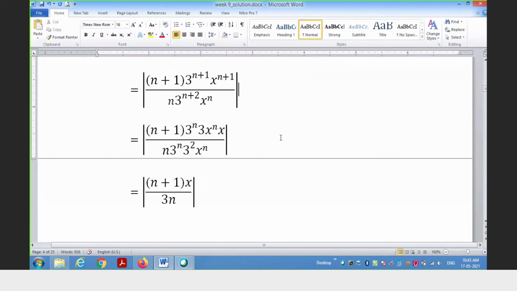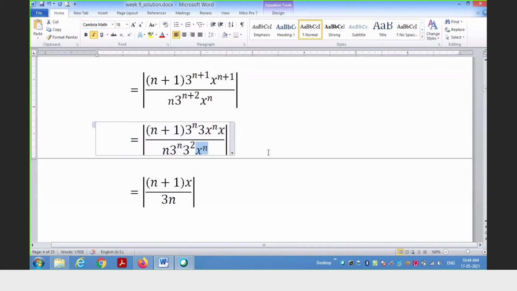And then we need to simplify. n plus 1 times 3^(n+1) x^(n+1) can be written as 3^n times 3, and x^(n+1) can be written as x^n times x, and n times 3^(n+2) can be written as 3^n times 3 squared. So the 3^n and 3^n cancel, and 3 over 3 squared gives us 3, and the x^n cancel.